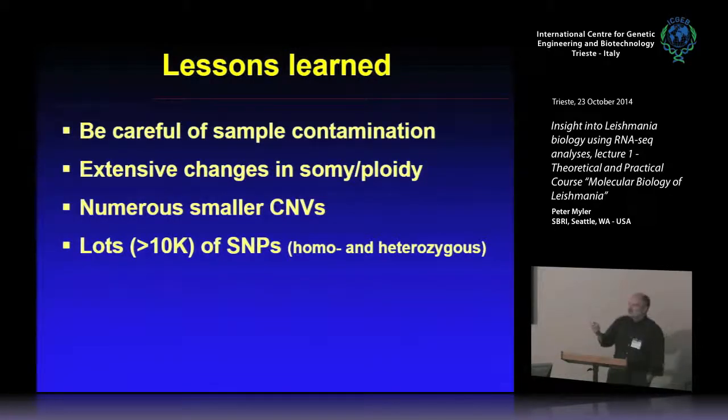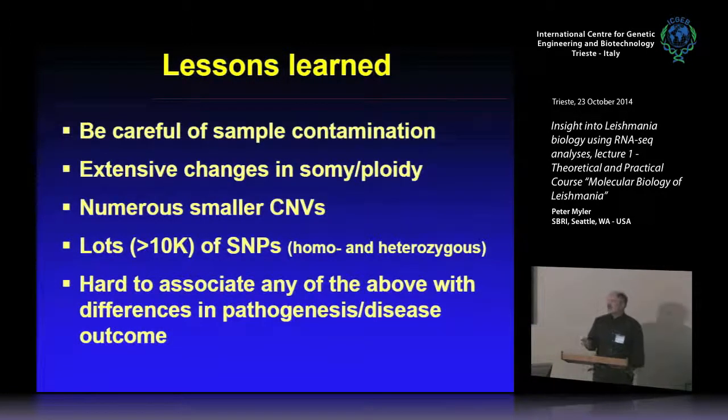SNPs that cause frame shift mutations in a protein coding gene are probably the first thing you would look at. Secondly, you would look at those that cause non-synonymous changes, that is, they change the amino acid sequence. Probably you would ignore SNPs in non-coding regions, but that doesn't mean that they're not important.